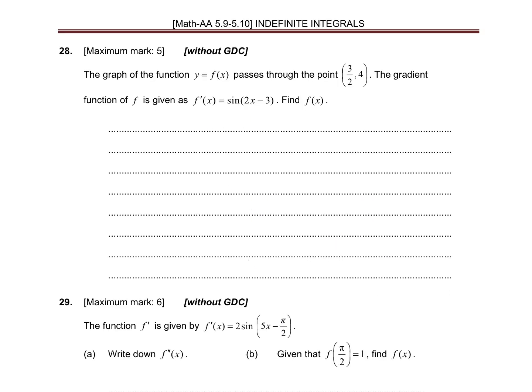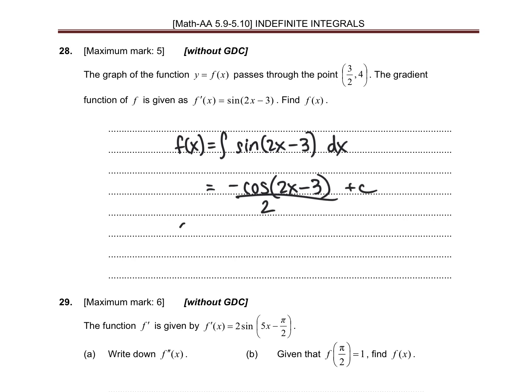Okay, so we've got the same situation. We have to find the antiderivative of the derivative, and that's going to be negative cosine, and we divide by the derivative of the inside.